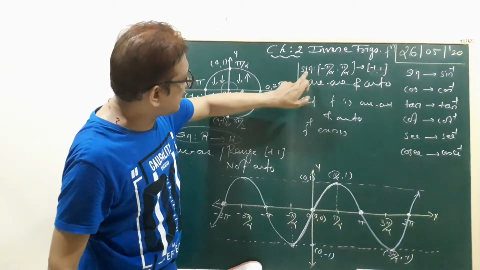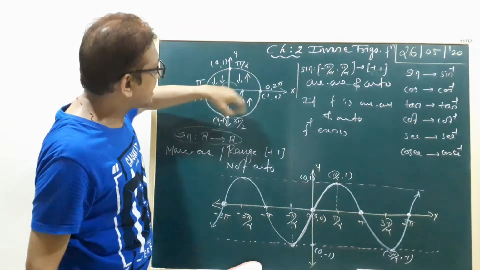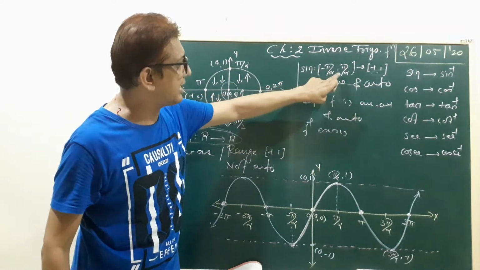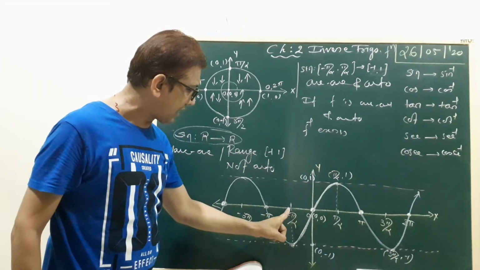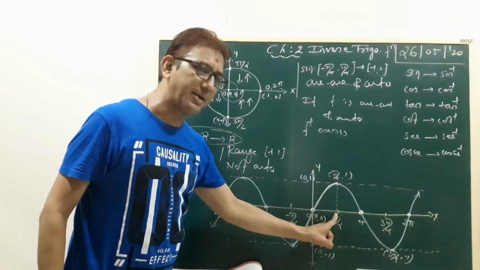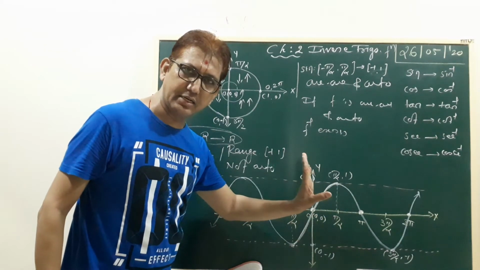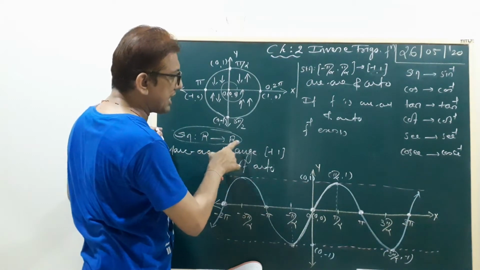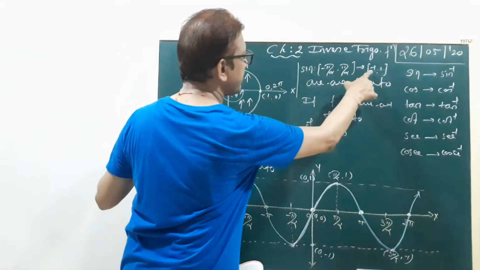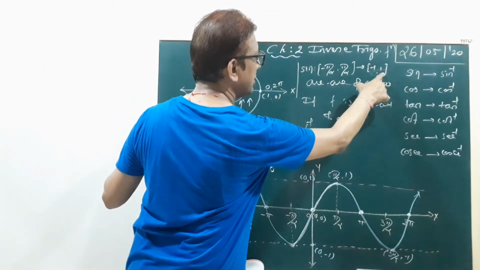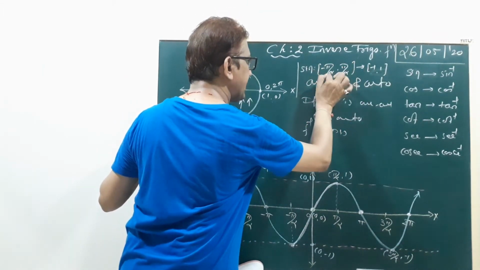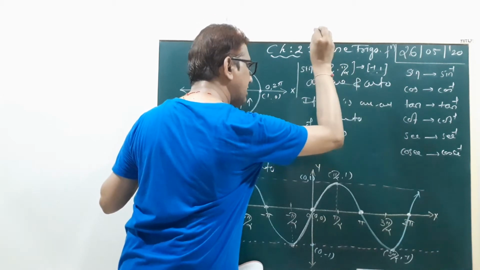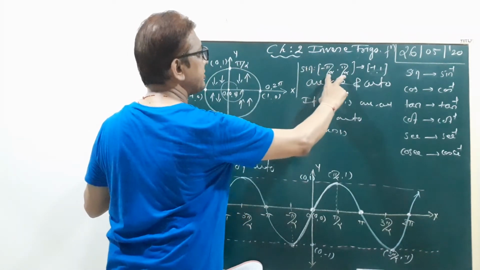So our sine function now does not have domain R; we take the closed interval minus pi by 2 to pi by 2 as the domain. Now the codomain is not R, it is the closed interval minus 1 to 1.